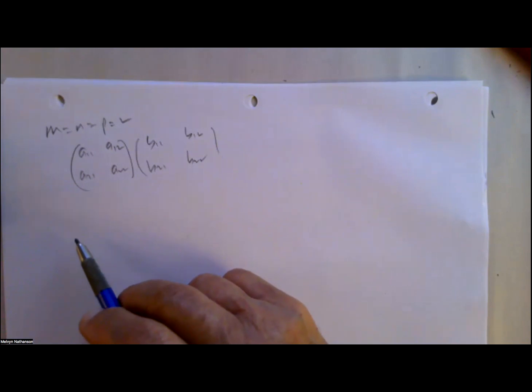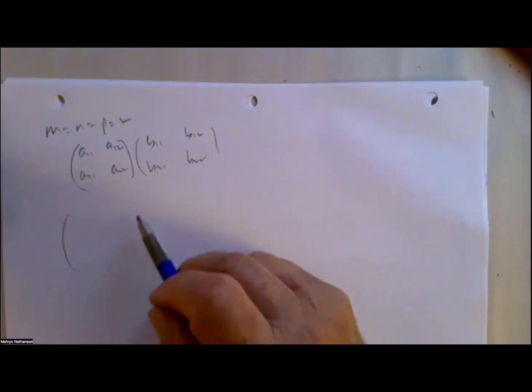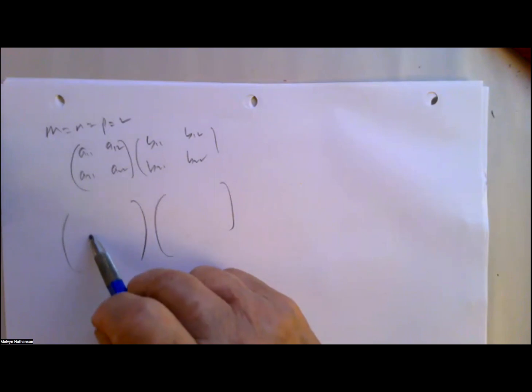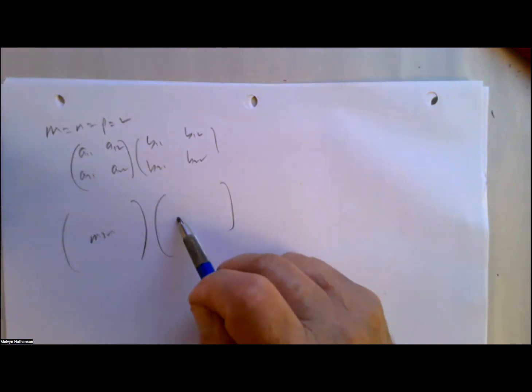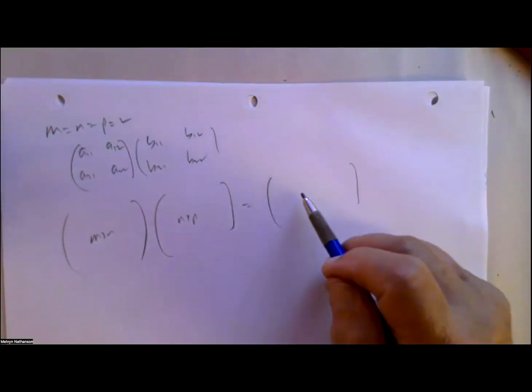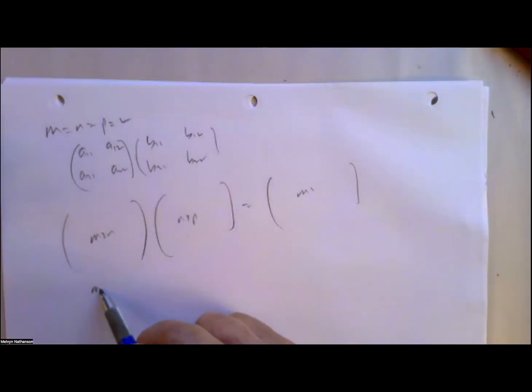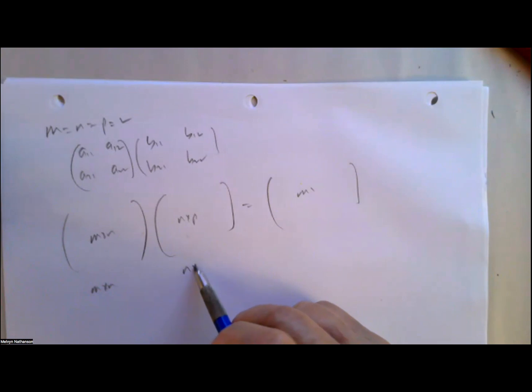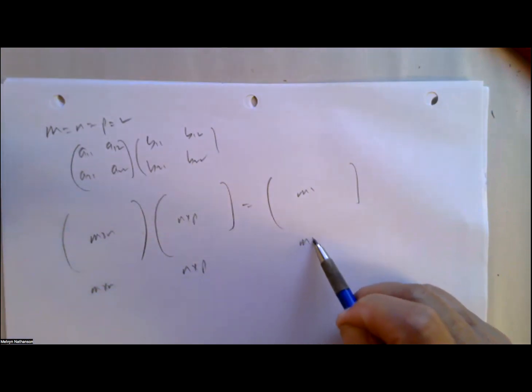I'll do it right now. The way you multiply: suppose you have an m by n matrix, and this is an n by p matrix. The result is going to be an m by p matrix.